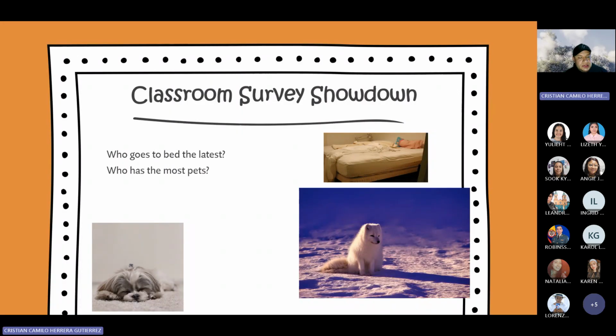So we are going to continue with using the comparatives and superlatives. I'm going to ask questions to everyone so we can develop those questions. Can you please write in the chat at which time you go to bed, everyone?